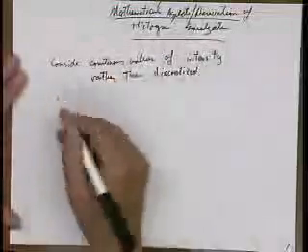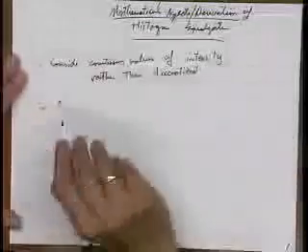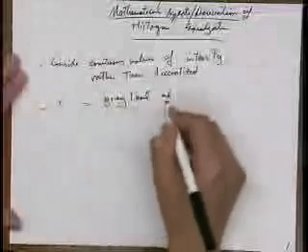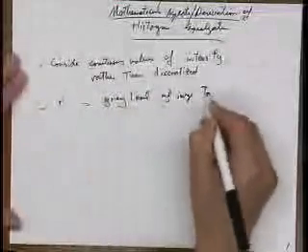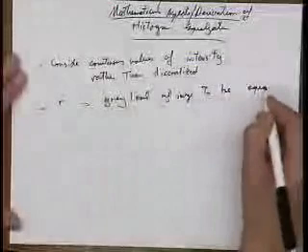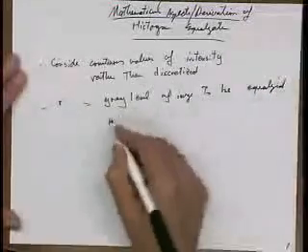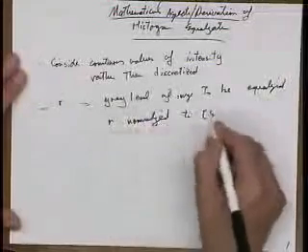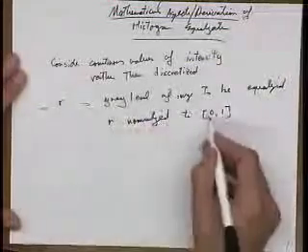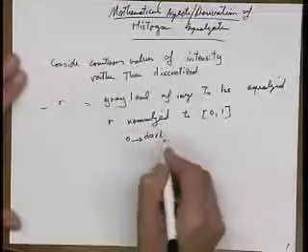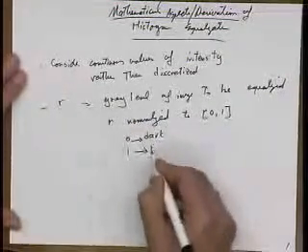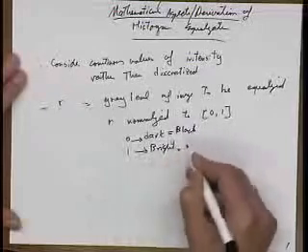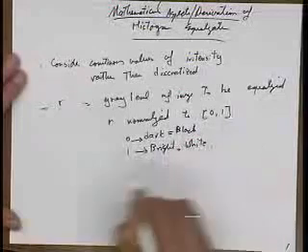And I call that R. So R is just the gray level of the image to be equalized, and R has been normalized, we assume, to the range 0, 1. So 0 corresponds to dark, and 1 corresponds to bright. In other words, dark, i.e. black, bright, i.e. white. Okay.